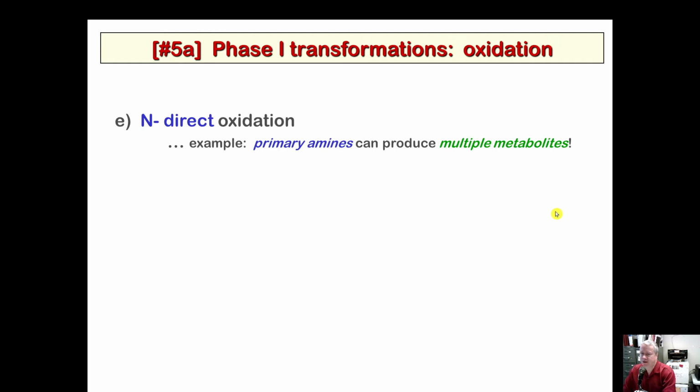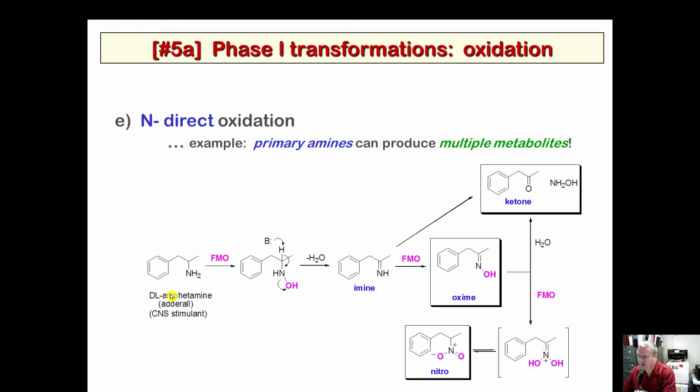Okay, primary amines can do this also. There's a lot of different things that can happen with primary amines. You'll often get a mixture of metabolites. Some of them are active, some of them are inactive, etc. Okay, so this is back to the amphetamine structure.